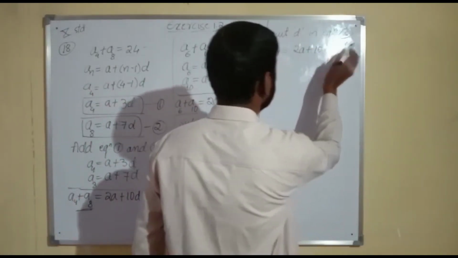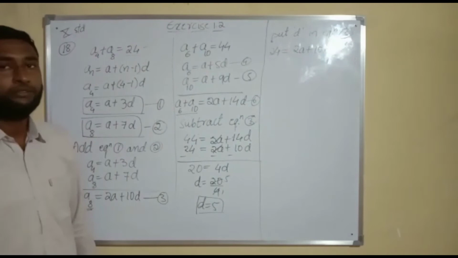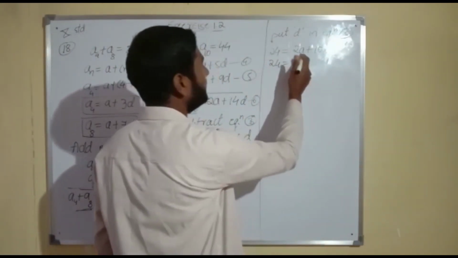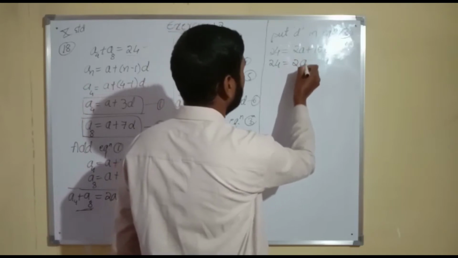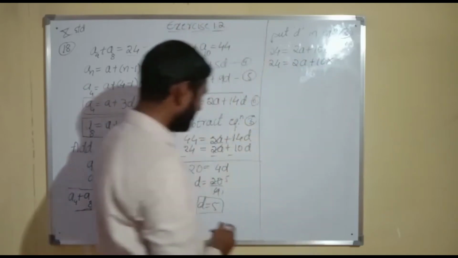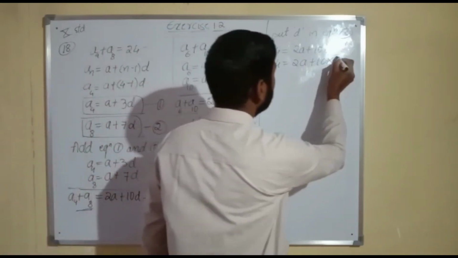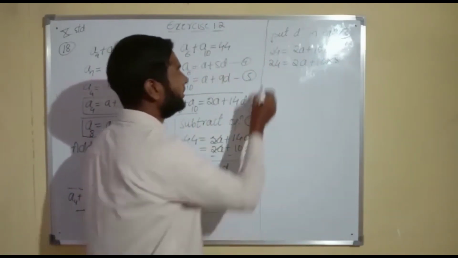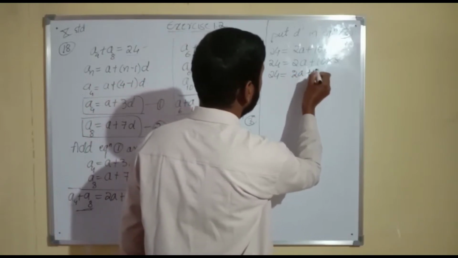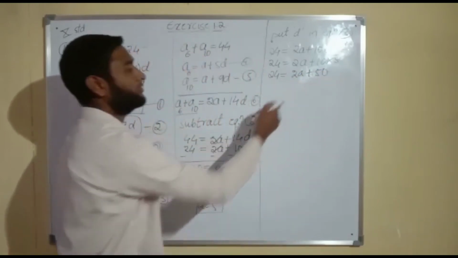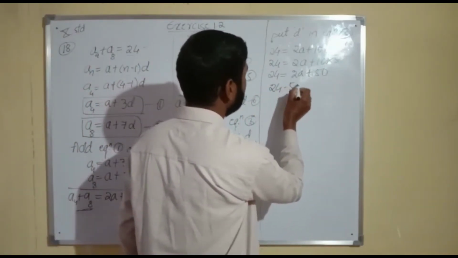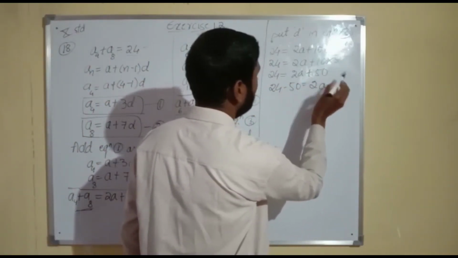Say 24 is equal to 2a plus 10 into, what is the d I got? 5. So 24 is equal to 2a plus, 10 fives are 50. Bring this 50 to the left hand side. 24 minus 50 is equal to 2a.